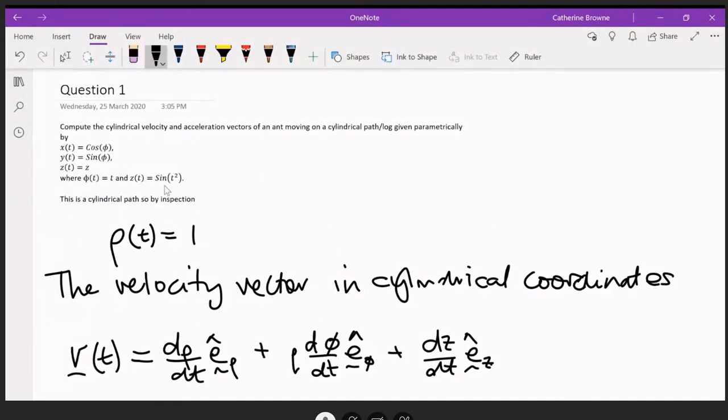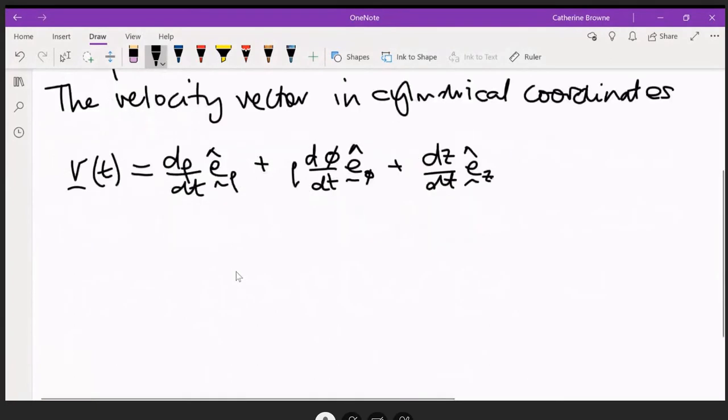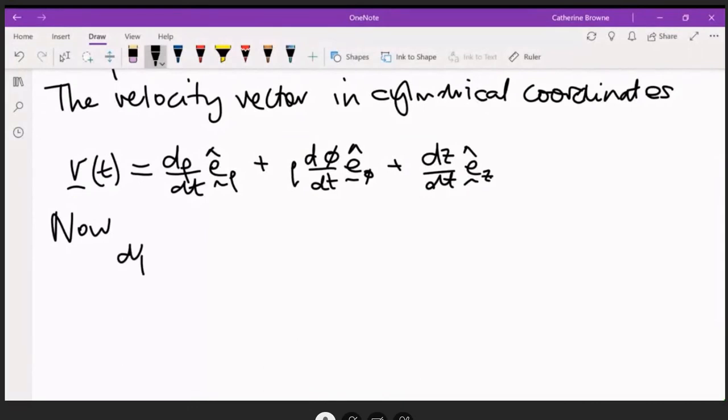So from this formula, we need to differentiate all of those with respect to t. d rho dt: rho is just 1, so if we differentiate that with respect to t, we just get 0. d phi dt: phi was equal to t, so differentiating t with respect to t, we just get 1.